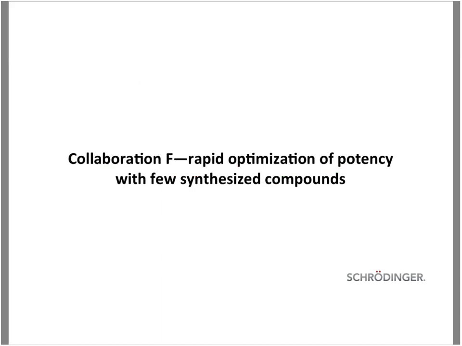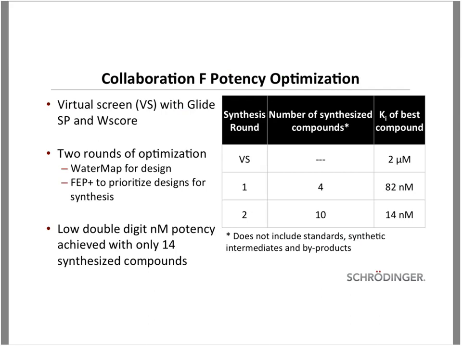The third collaboration that I want to mention here has to do with an example where we were able to very rapidly optimize the potency of a compound for a target using very few compounds. The starting point for this project was a virtual screen. We had a lead molecule from a virtual screen calculation where we had a 2 micromolar affinity for a target.